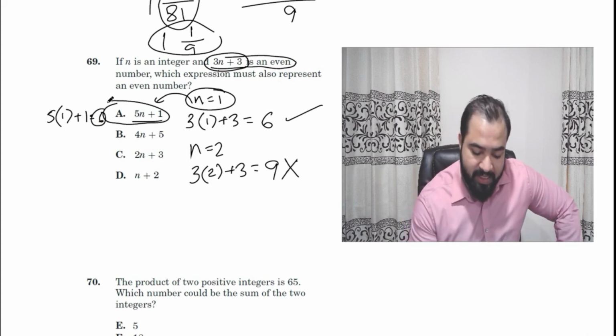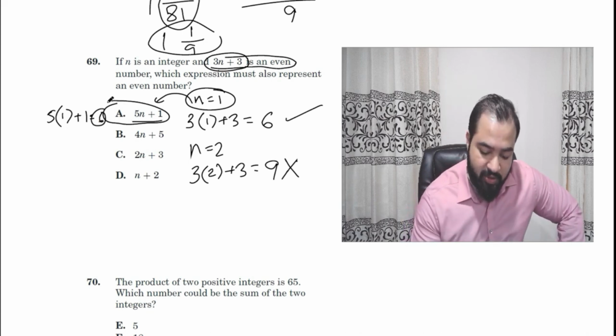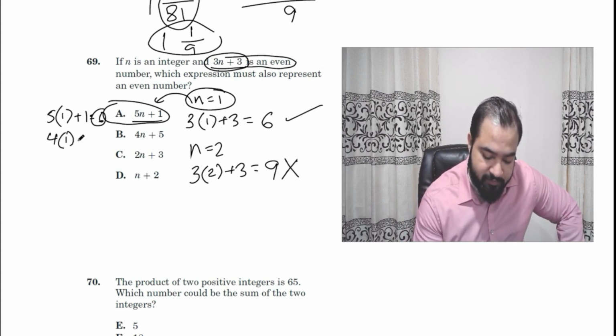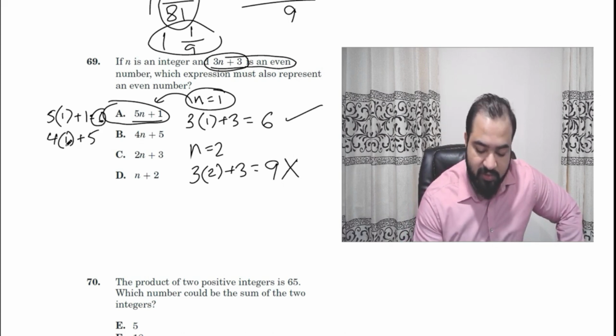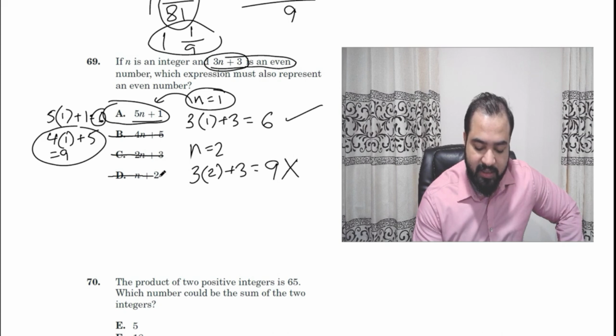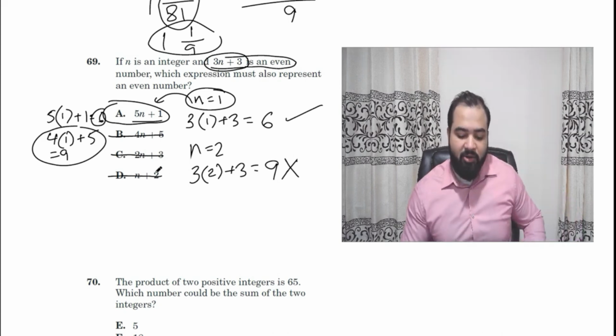But we'll check B to see if we are on the right track. If n is 1, then B will be 4 times 1 plus 5. So 4 times 1 is 4, plus 5 is equal to 9. That's not even, so B is not going to be the answer. Similarly, C and D, you have to check, trial and error, and you will see the answer is A.